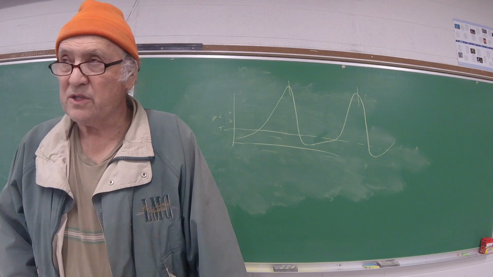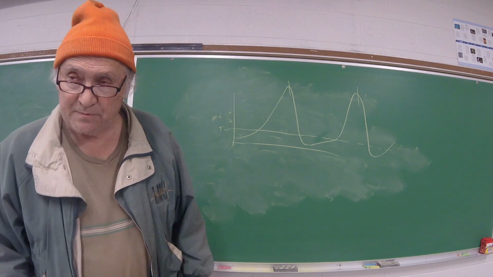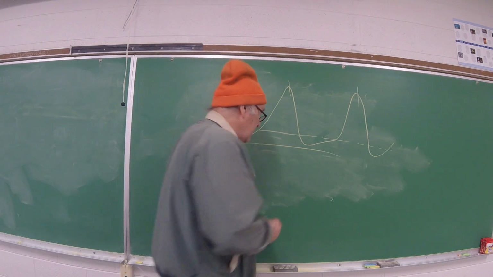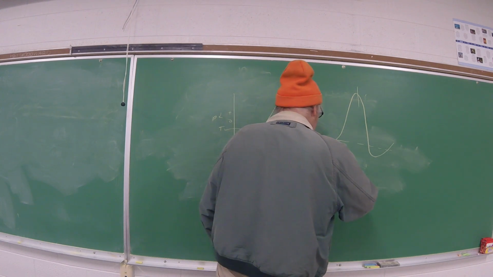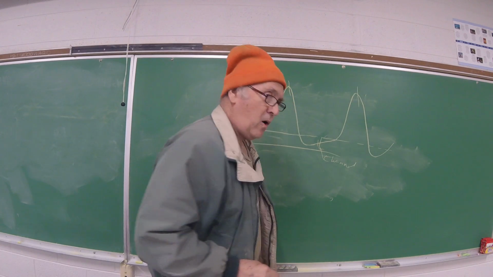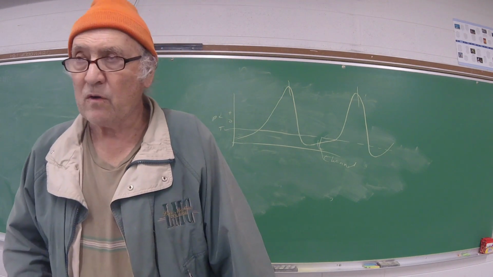So this is the generation. Take a look in your reading and tell me what ion it is. What channel is open all the time for me to have automatic depolarization?